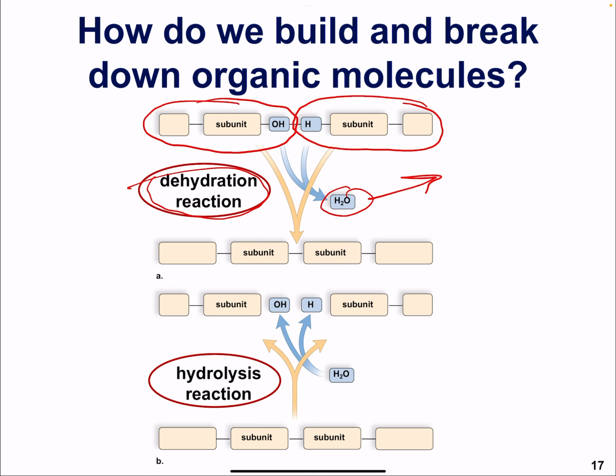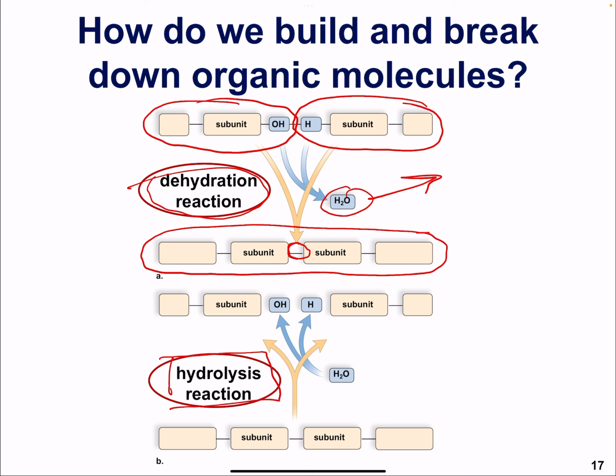By releasing a water molecule, now we're going to have a larger molecule here with a new covalent bond that didn't exist before. So that's reactions of synthesis or reactions of building up. Then you have reactions of breaking down, hydrolysis.